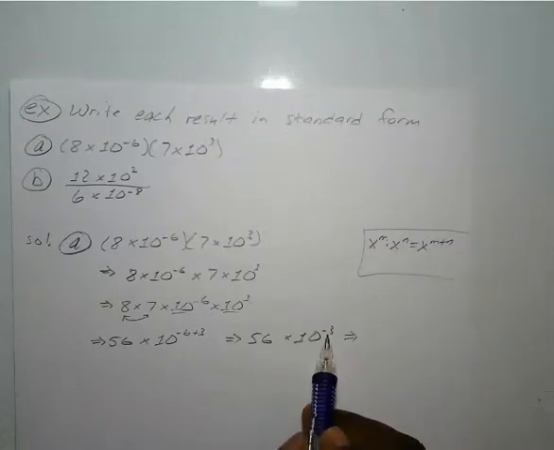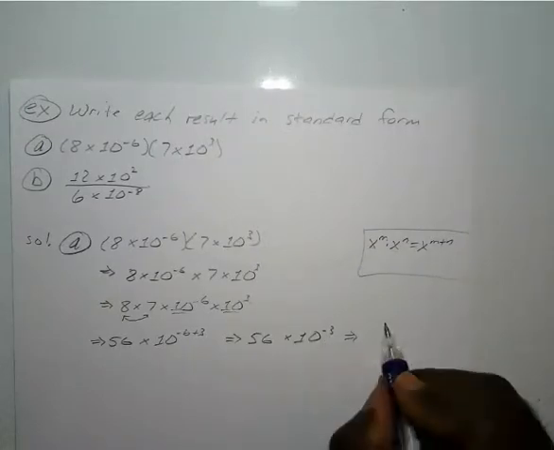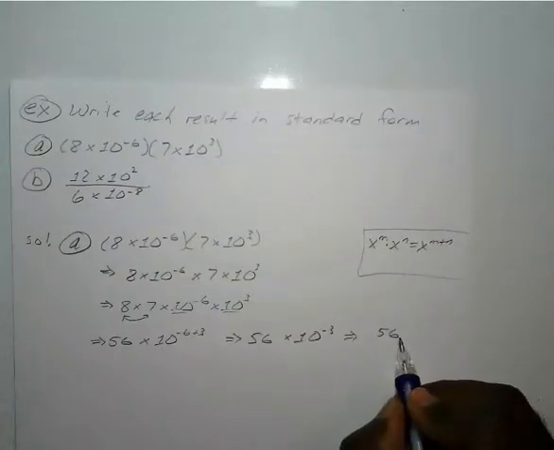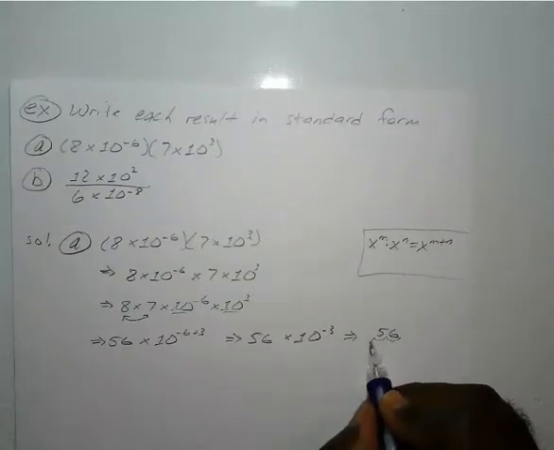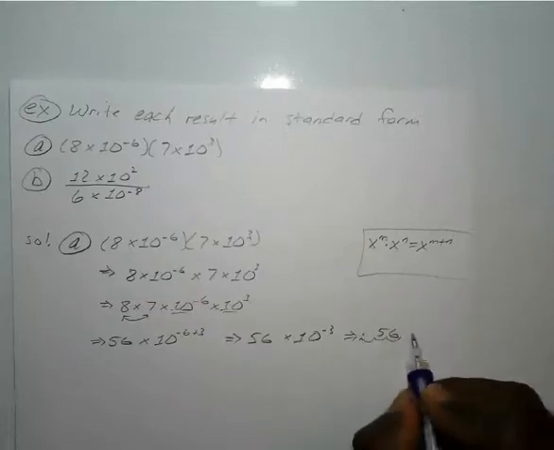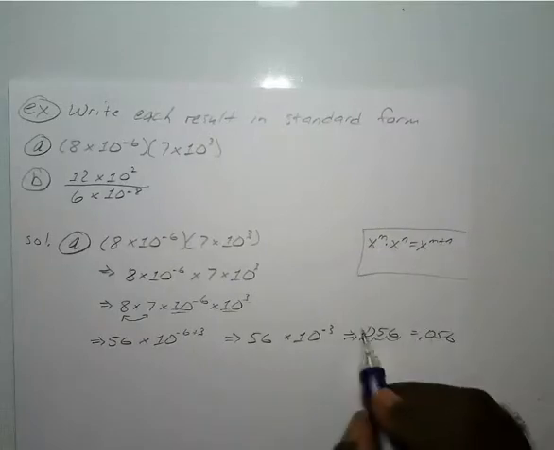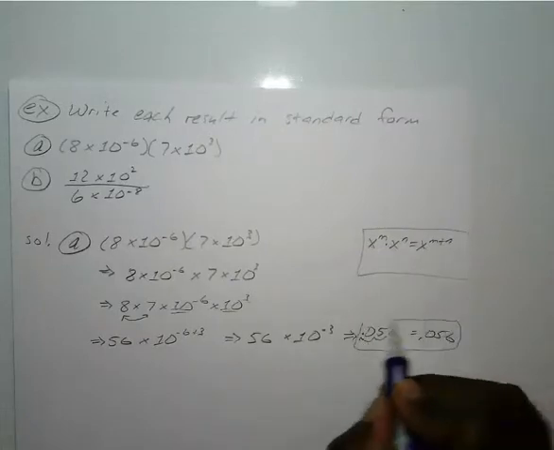Remember, this exponent is negative, so you have 56, and we move the decimal 3 places to the left. 1, 2, 3. Fill it in with a 0. And that's 0.056. That's your standard form.